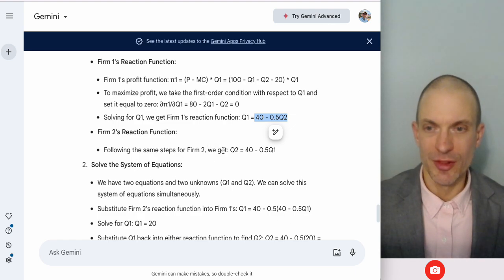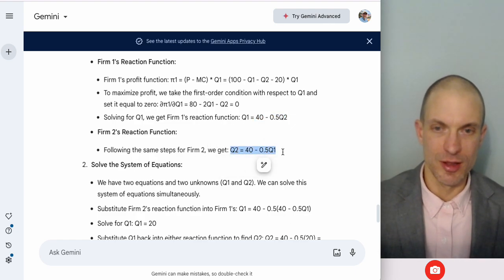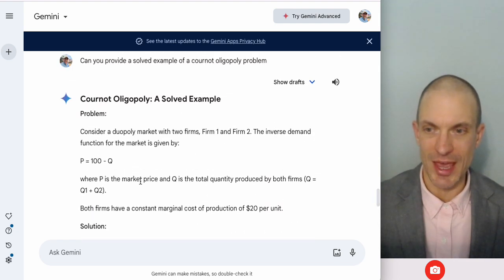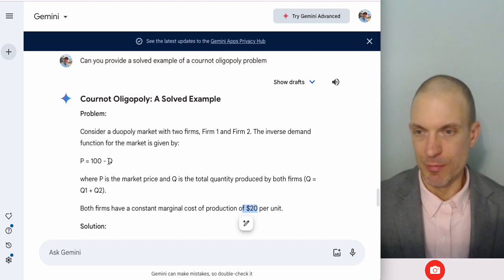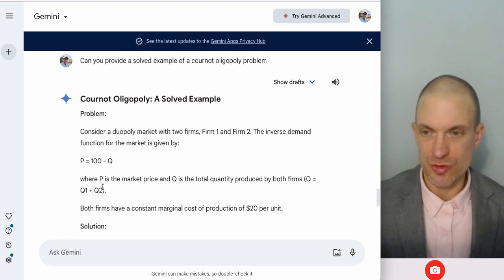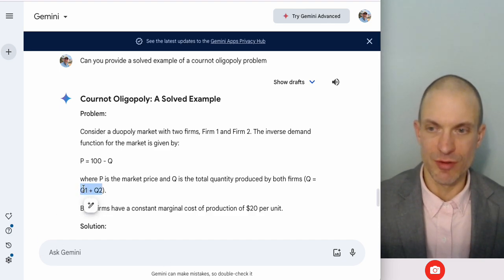Okay, fine. So we follow the same steps for firm 2, or just invoke symmetry. The symmetry argument is that both firms have the same costs, and both firms' quantity is treated by the market the same. One additional unit of output from firm 1 and one additional unit from firm 2 are treated the same by this market.